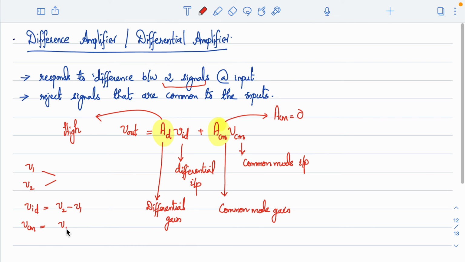Generally we represent it as V1 plus V2 by 2, which is the average of the two signals. Whatever is common comes in VCM as V1 plus V2 by 2, and whatever is the difference is V2 minus V1. Is this part clear? Can I get some response in the chat?